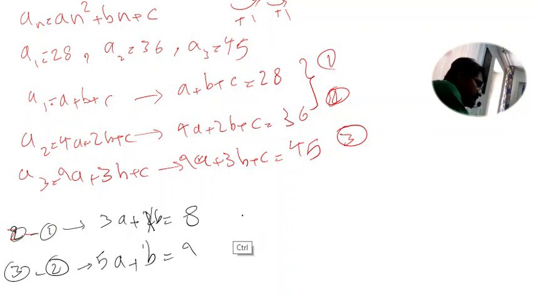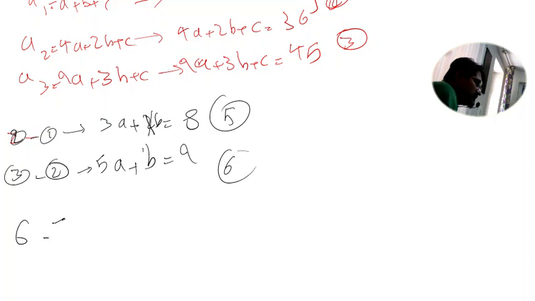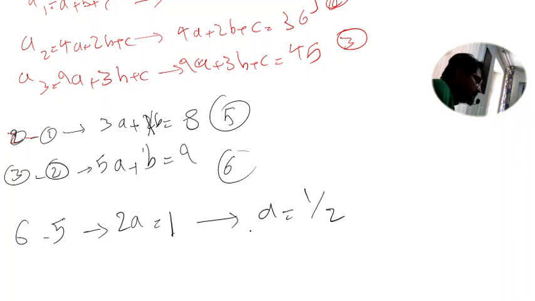Then line 6 minus line 5: 5a minus 3a is 2a, 9 minus 8 is 1, so 2a equals 1. A equals 1 over 2.